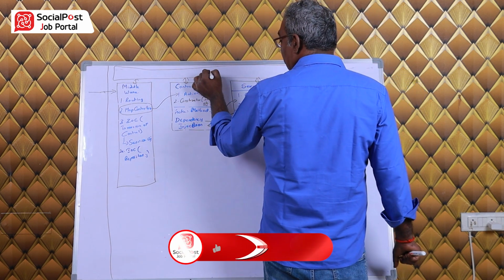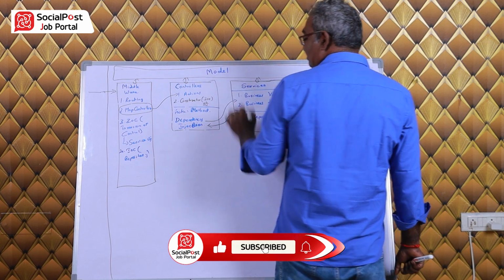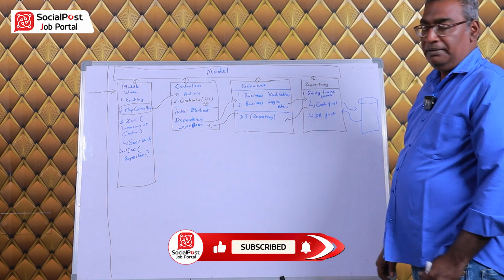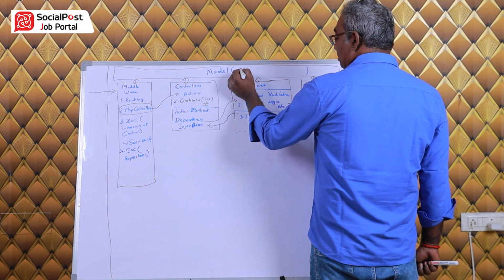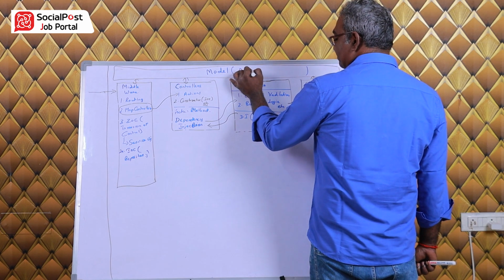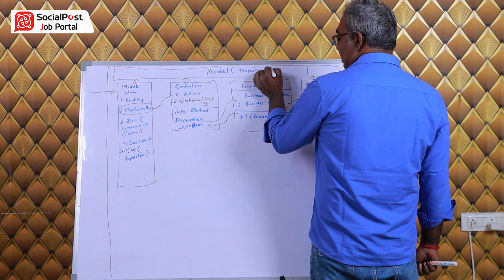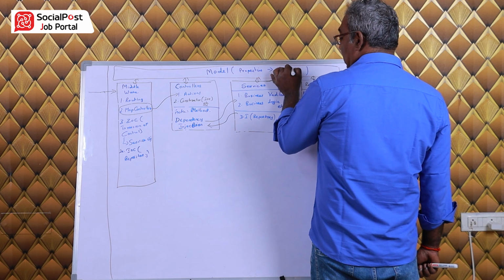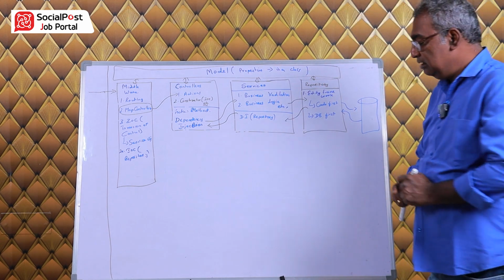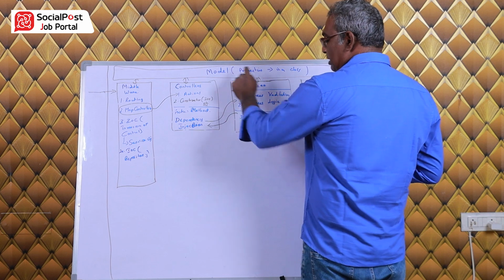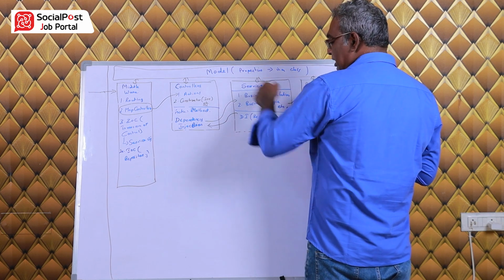This is called the model layer. Here everything will be treated as properties in a class. Right? This is what the model data is holding. Now the data has been held here.